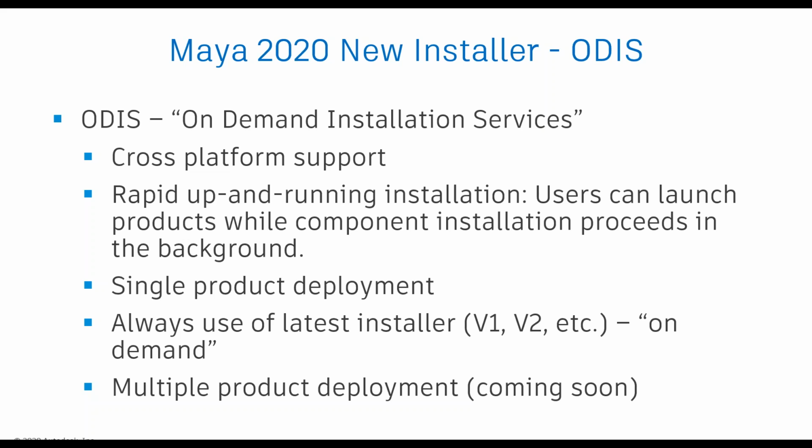The core component is the main part of the installation, and the cool thing is that once the core component is installed, you can already launch the software as soon as that's ready. So you can launch it, and in the background, the installation will still continue with the rest of the components. So that's why it's called on demand. You can launch it right away while you're still deploying it.